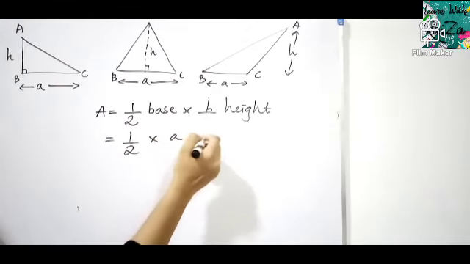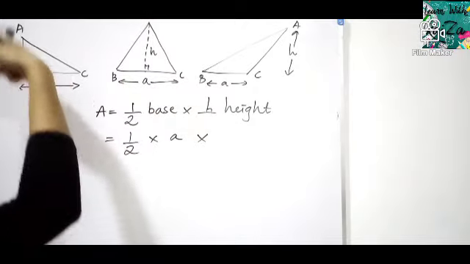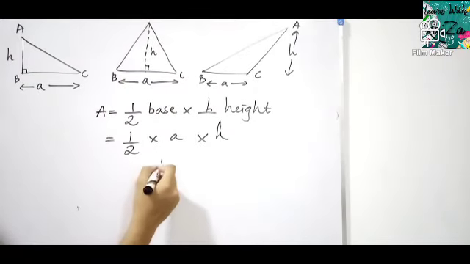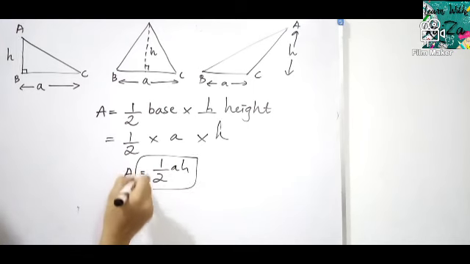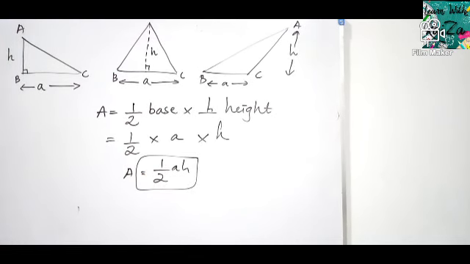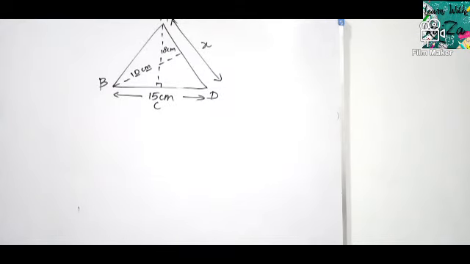A. Perpendicular height? H. So this is the equation, half AH, or half into base into height. Right? Now let's do some examples to clarify. Pay your attention on this triangle ABD, which is composed of two right angle triangles.